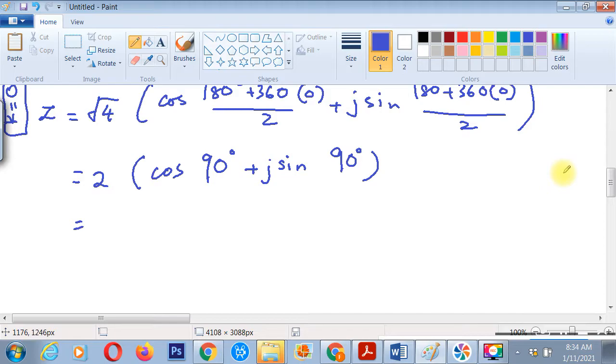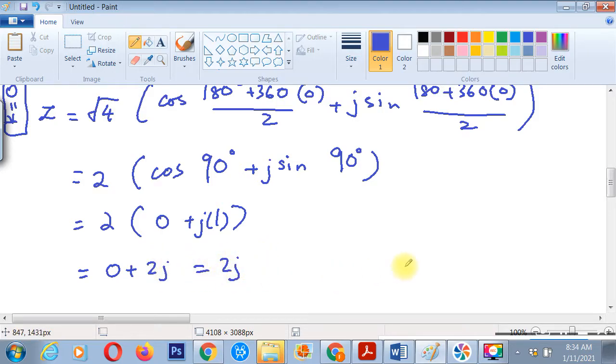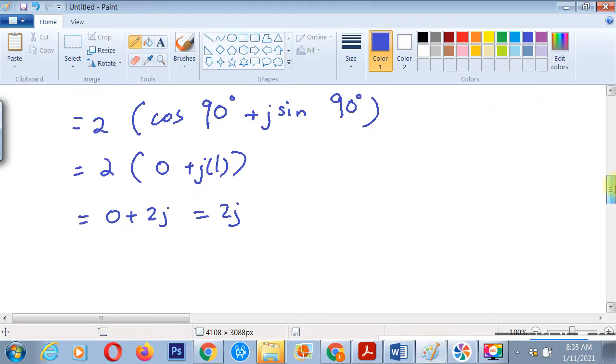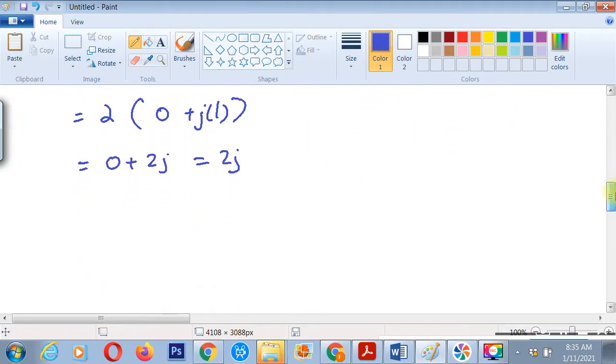Cos 90 degree equals to 0. So 2 times 0 plus j sine 90 degree, you will have 1. So you will have 0 plus 2j, which we usually just write as 2j. This is for k equals to 0.